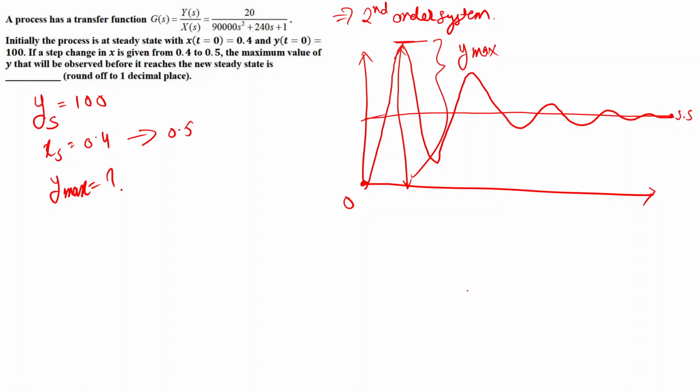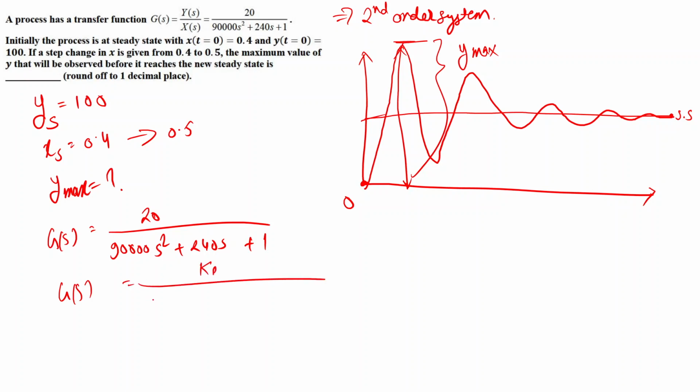So first of all we will compare this equation, that is G(s) = 20/(90,000 s² + 240 s + 1), with the general transfer function equation, that is Kp/(τ² s² + 2ζτ s + 1), to find the parameters of the system, that is tau and zeta.